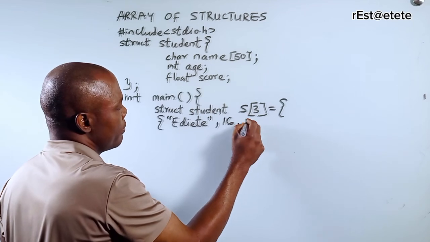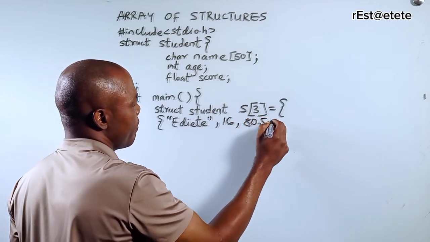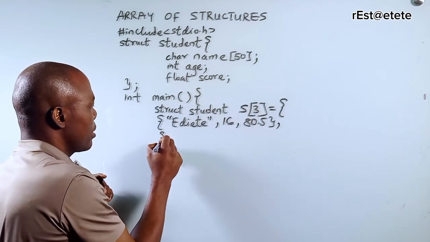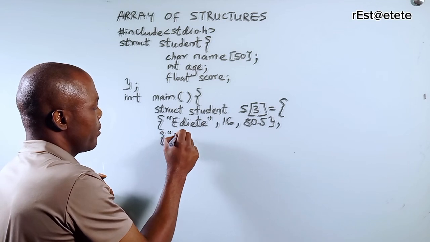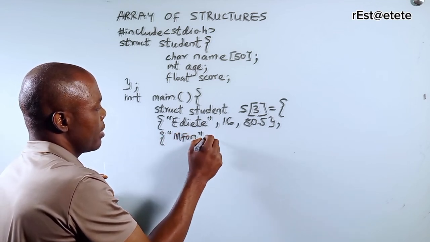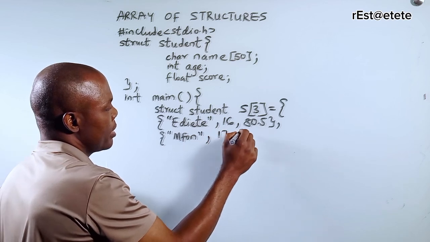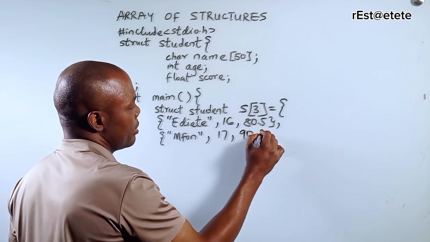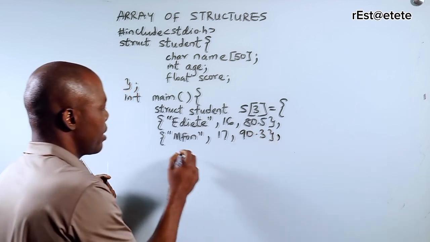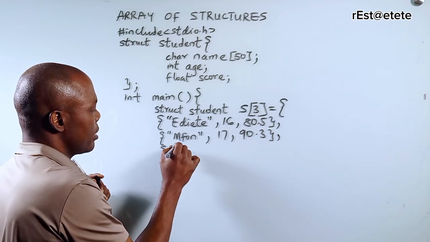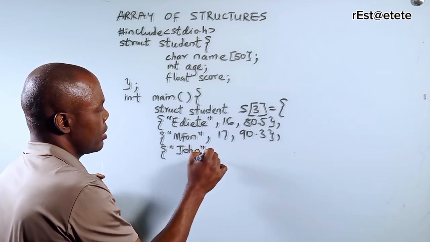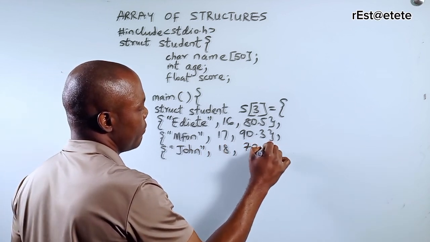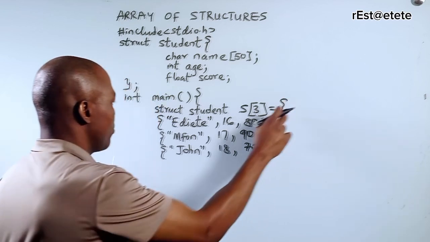For score, we'll give it 80.5, comma. For the next one, we have Phone, age 17, score 90.3, comma. Then the third one, let's call it John, comma, 18. We have 70.5. Then we close this.